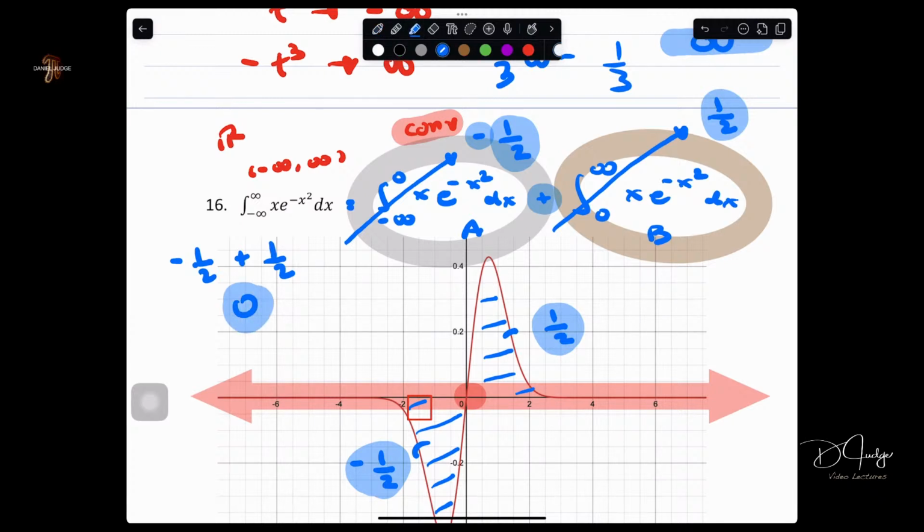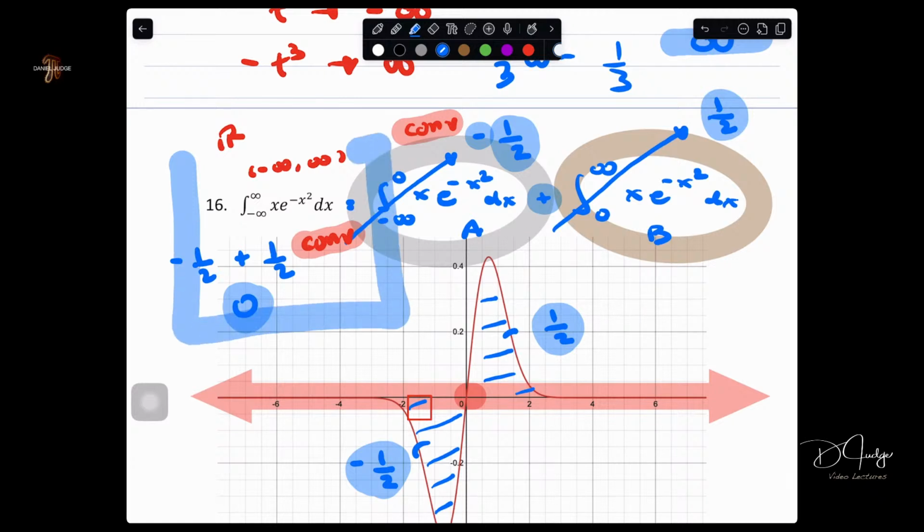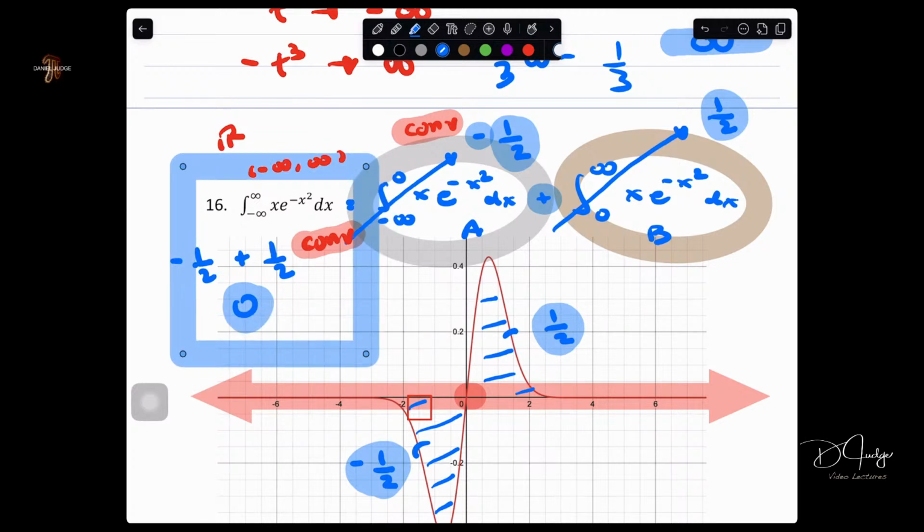So 0 is a nice finite number. This is finite. So we have convergence here, and this is what we're looking for. So we have done this last question. The area under this curve over the whole real number line is actually 0.